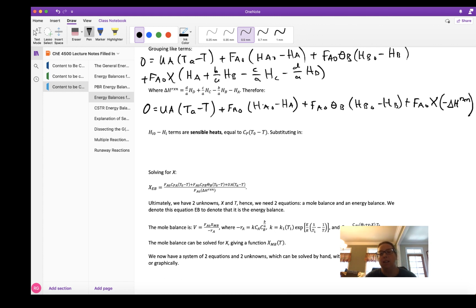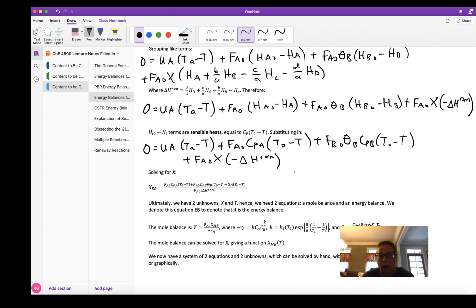So that's taking the heat of formation from whatever temperature it is when it enters to that inside the reactor. So those are equal to a heat capacity times a temperature difference. So what we've done here is basically said that this is a sensible heat change, which can be set equal to a heat capacity times a temperature difference. In this case, the temperature difference is the inlet temperature minus the temperature of the reactor contents. So if we know the heat capacities, we can solve this equation.